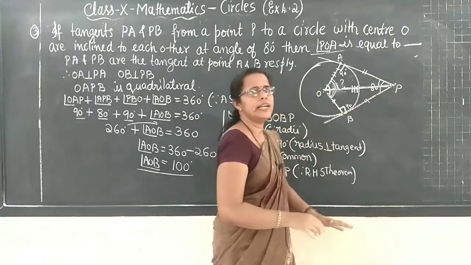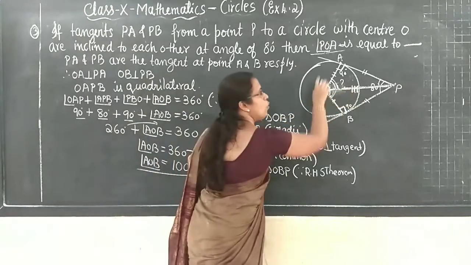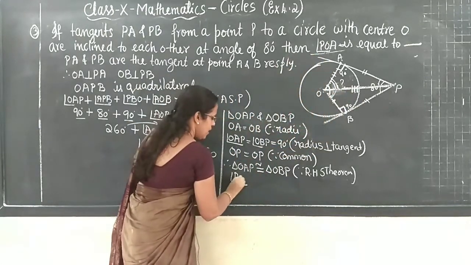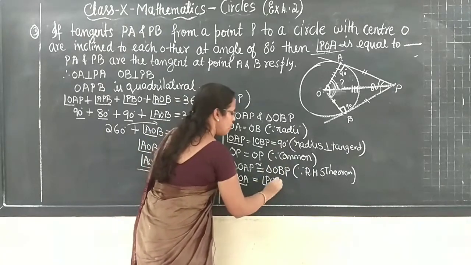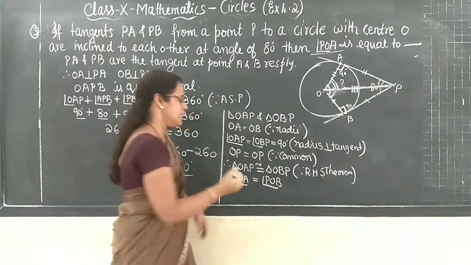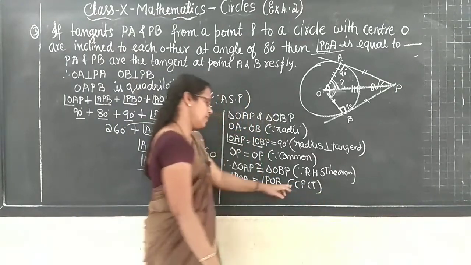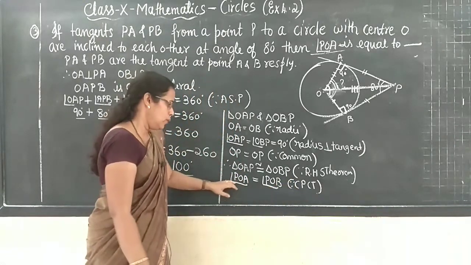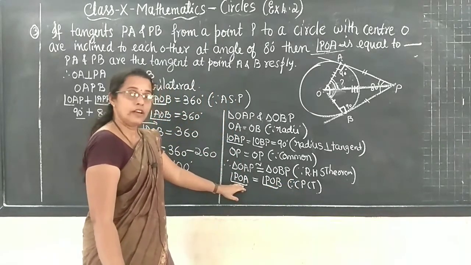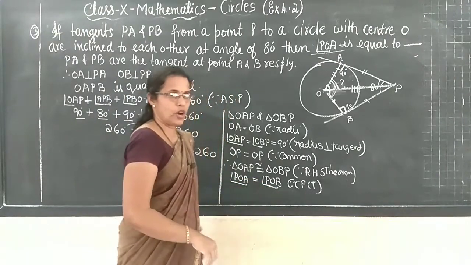So we can write angle POA is equal to angle POB. This is CPCT. Through this, we understand POA is 50 degrees, POB also 50 degrees, or not?